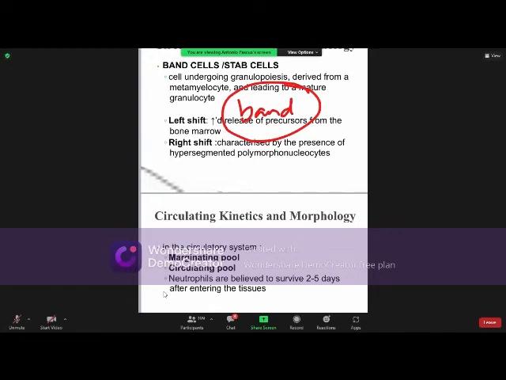Okay? Then when you say right shift, it is when your neutrophils are hypersegmented. Normally, how many lobes do neutrophils have? 3 to 5. So pag sinabi natin shift to the right, it's whenever the lobulations of your neutrophils are elevated.